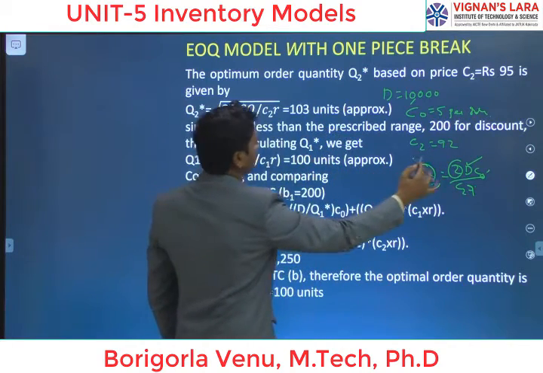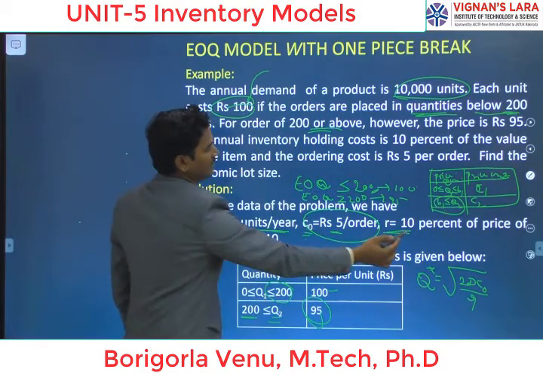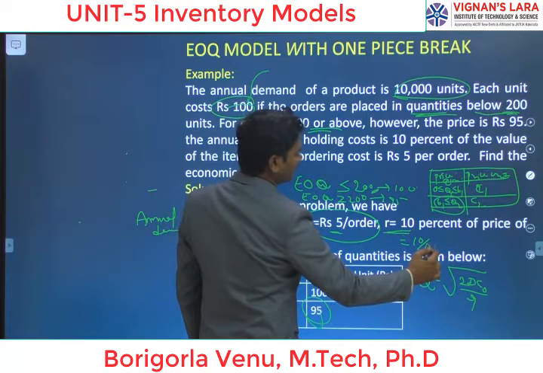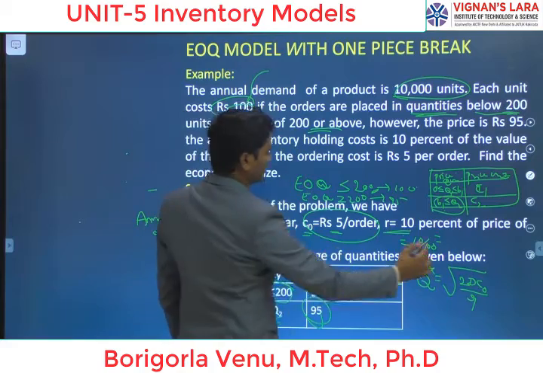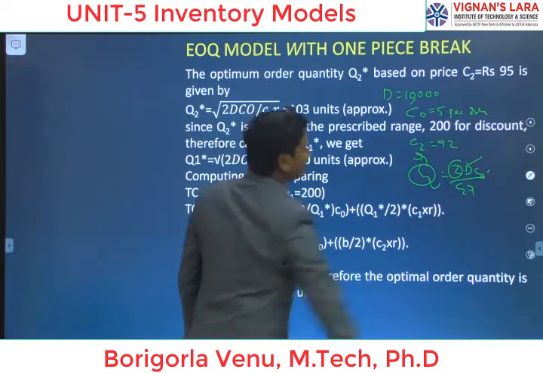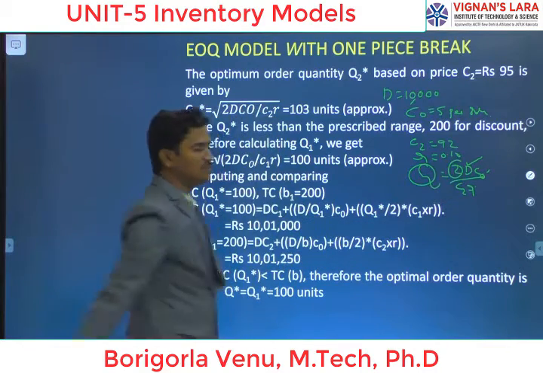Next, the R value. The R value is 10% of price, so converting this percentage, R is equal to 0.10.